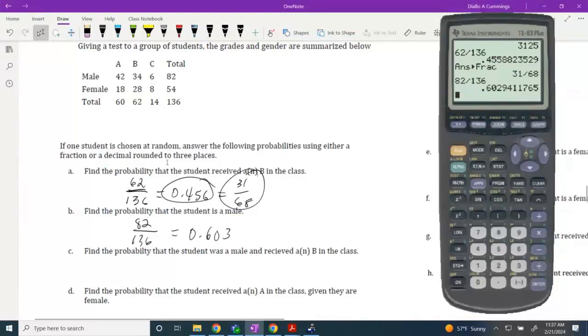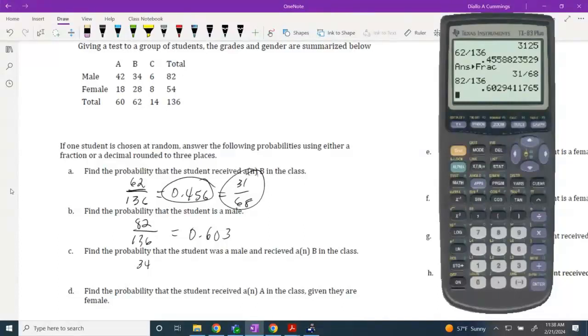Okay. C says find the probability that the student was male and received a B in the course. Right. So the student was male. There were 34 males that received a B. All right, divided by, and how many people are in the course? 136, right?